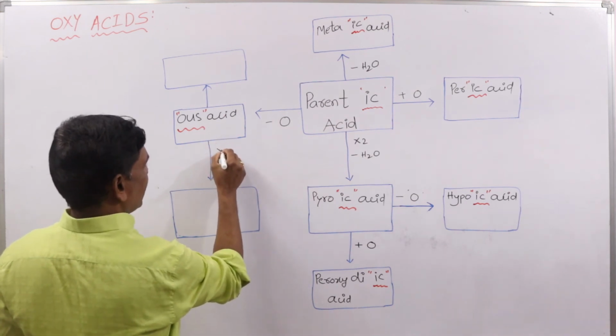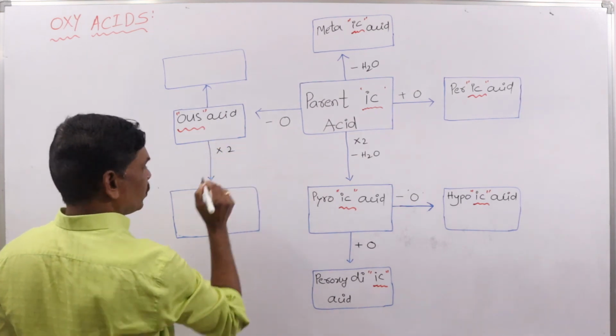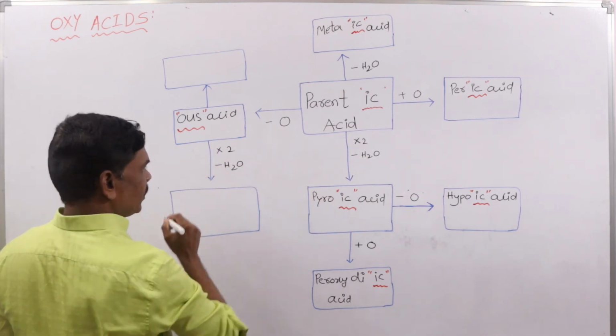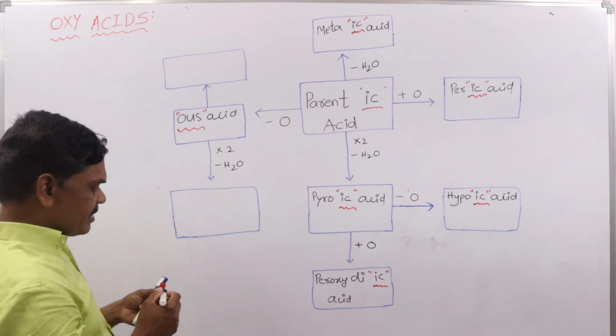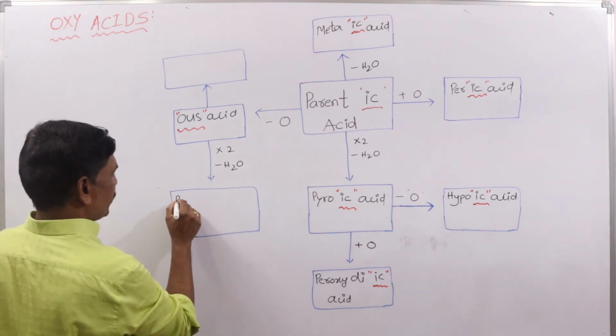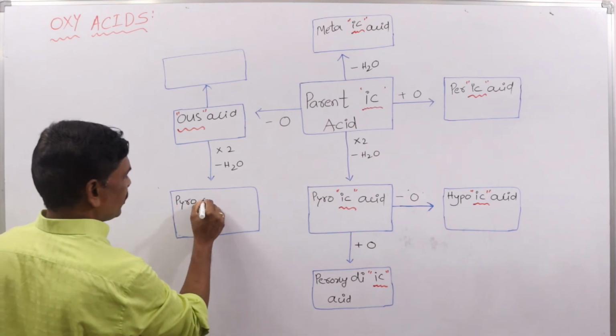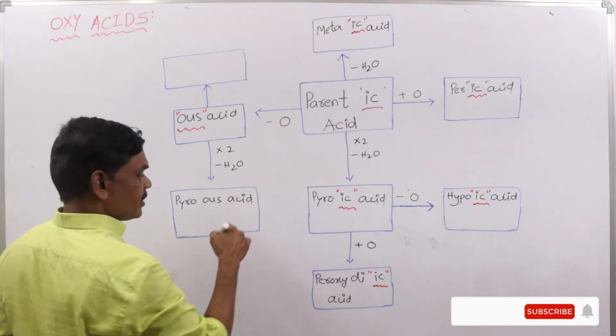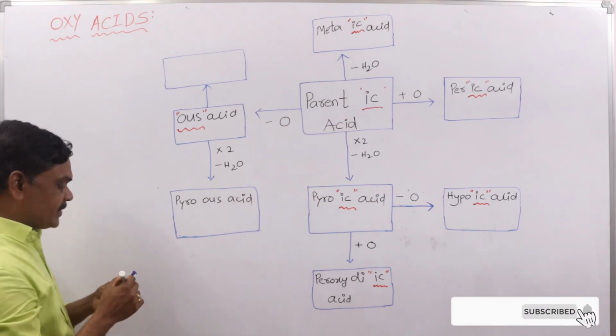This is the -ous form. From this -ous form, multiplied by 2 and followed by removal of one water molecule, we are getting pyro -ous acid.